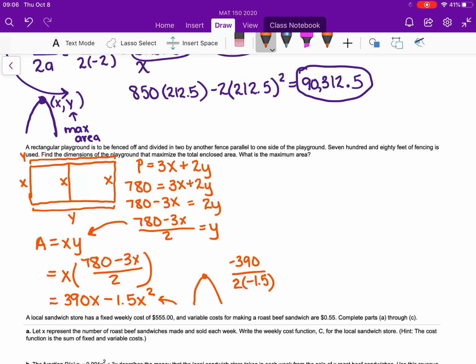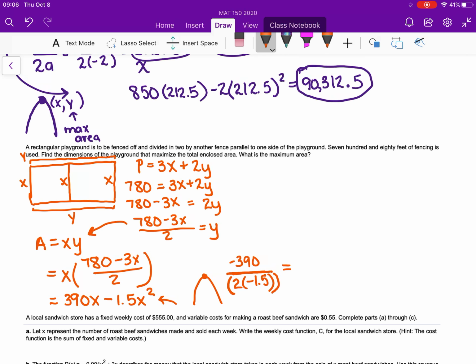If you are not getting a right answer when you put this in your calculator, my guess is that you're not putting parentheses around the bottom. So make sure that you are thinking of that separately because that is important. Sorry, I'm typing it in here. I should get 130. So 130 is the smaller width, right?